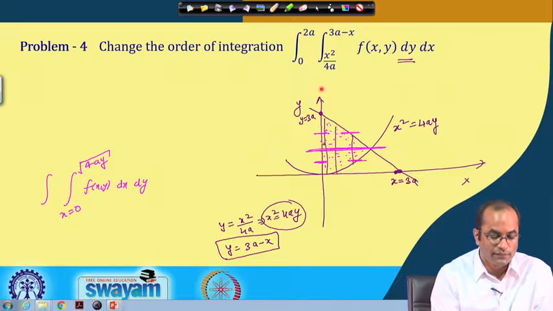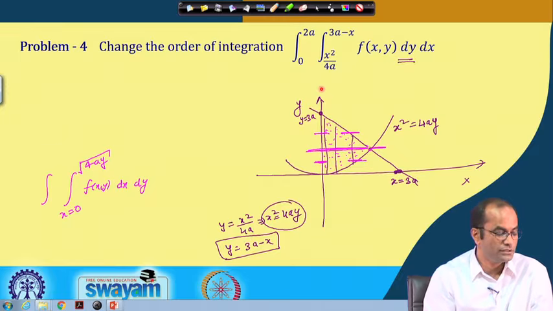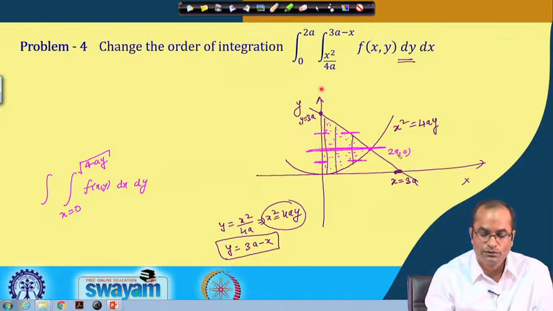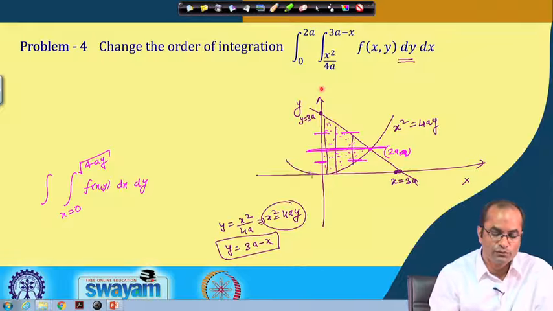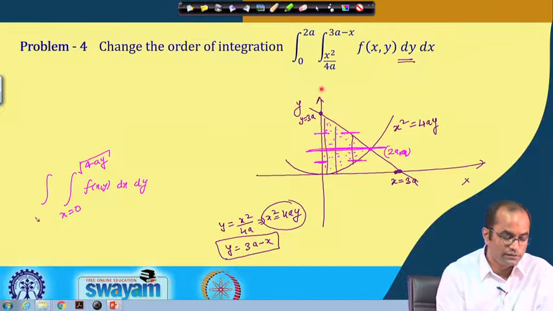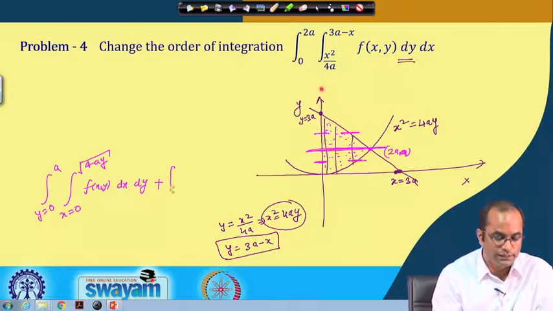And then in this case we have to also see what is this point here, which will come as 2a into a. So, up to this y is equal to a. So, from 0 to y is equal to a, and then the plus from a to 3a. So, y is equal to a to 3a.